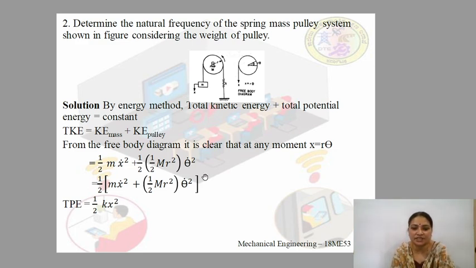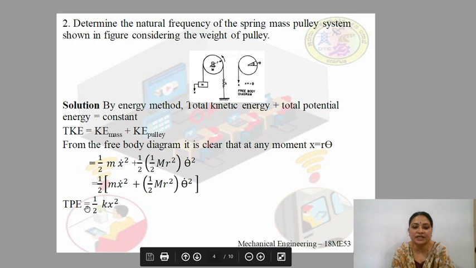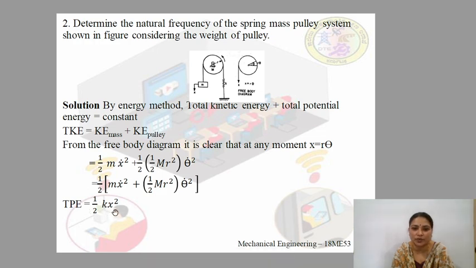After simplification, taking 1 by 2 as a common term, we can write the equation as below, that is 1 by 2 m x dot square plus 1 by 2 m r square theta dot square. The total potential energy, as we all know, is nothing but 1 by 2 k x square.